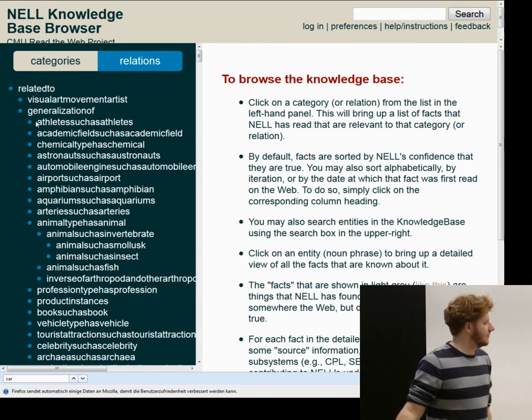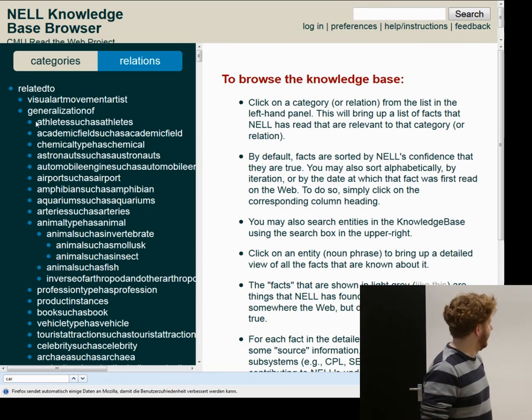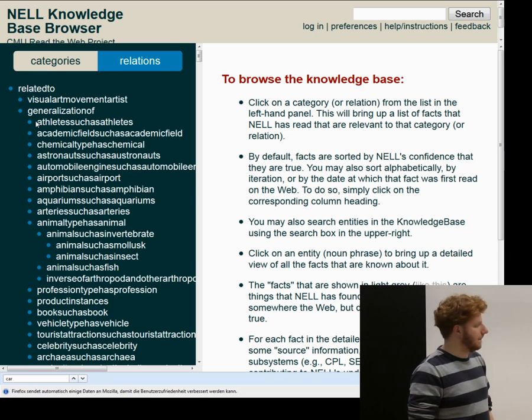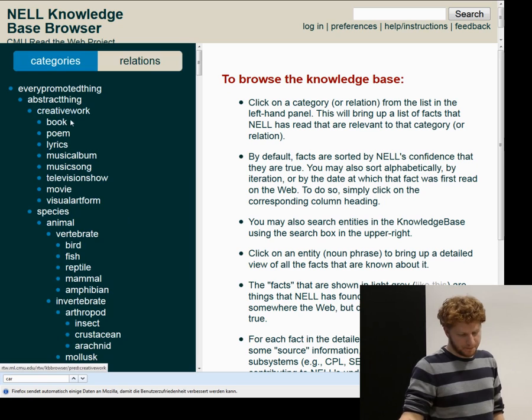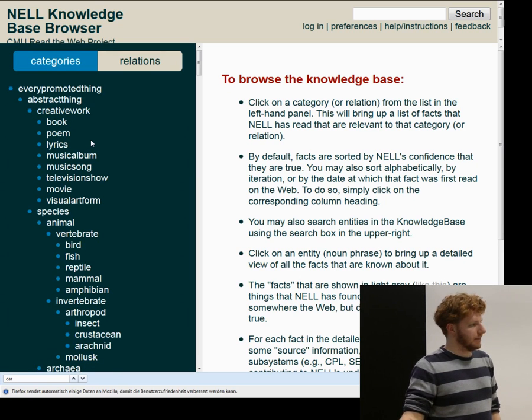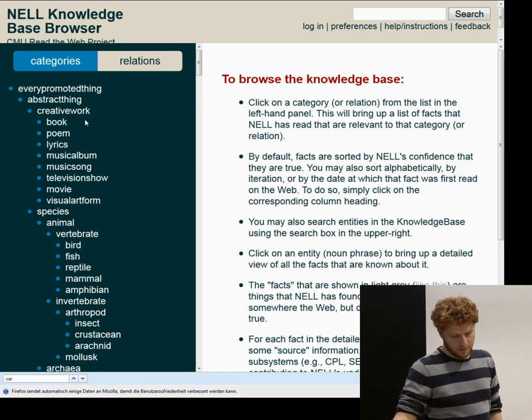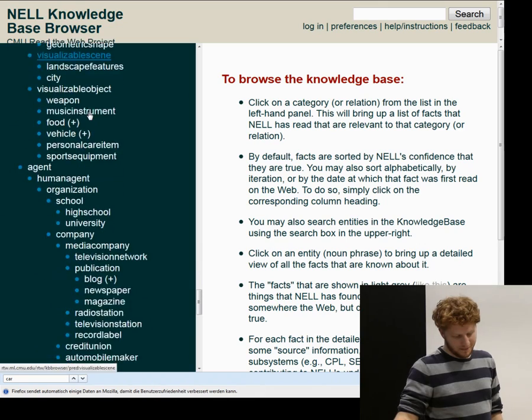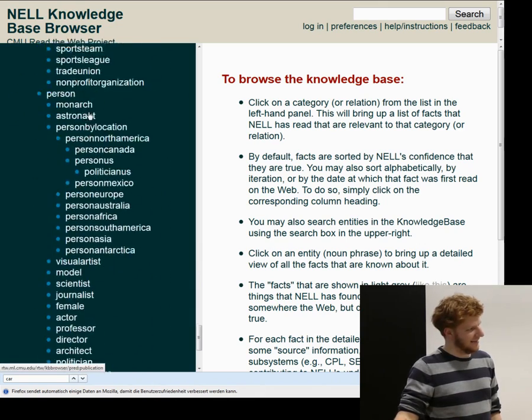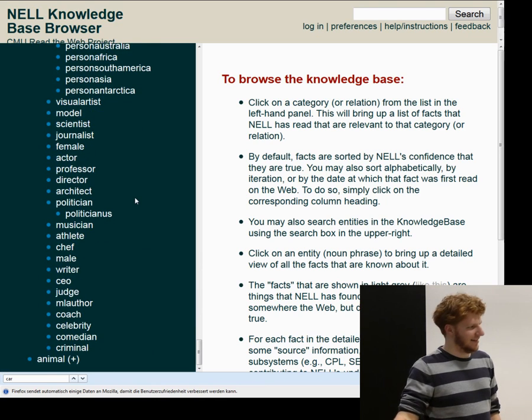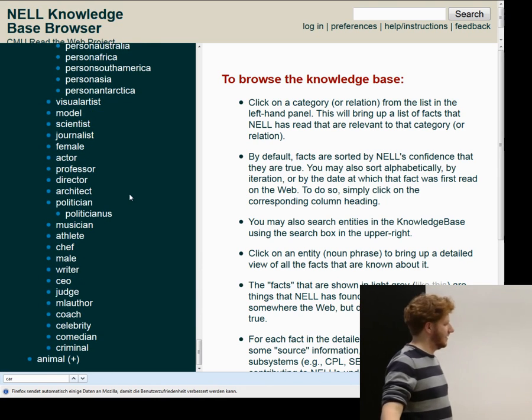Okay, but if you're right there, what are these categories exactly? I mean, it's not a taxonomy. If you go back to the categories. So the categories are somehow inferred or extracted as well, right? Yes. Okay, can you scroll down a bit? Yeah, so we can see. Okay, so it's a taxonomy, right? So it's a relation between some entity and this category.